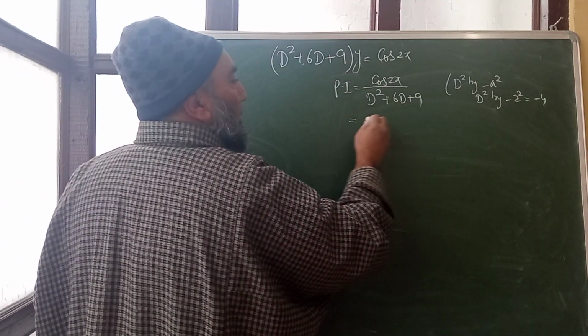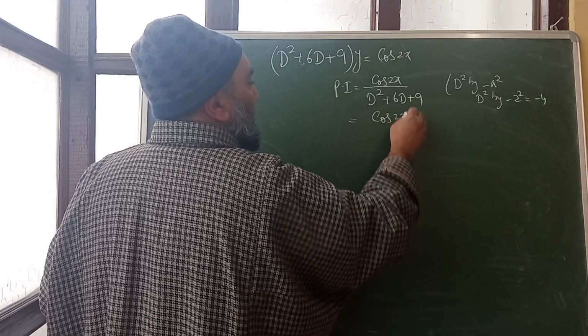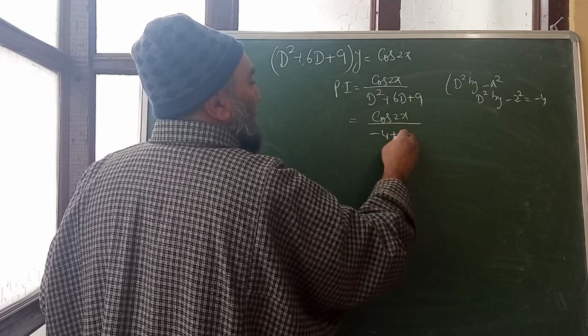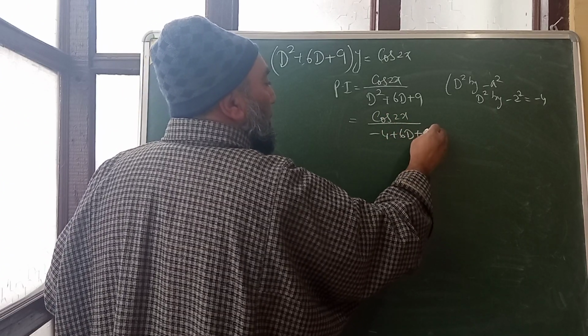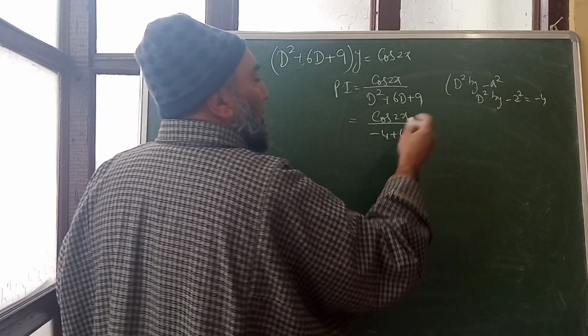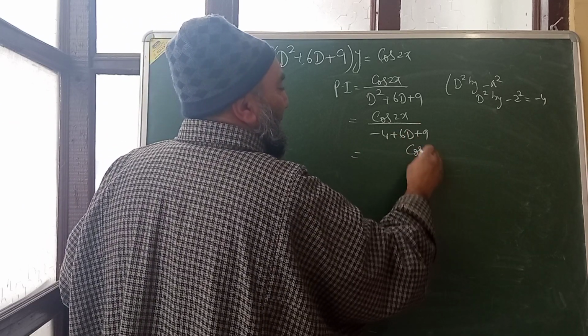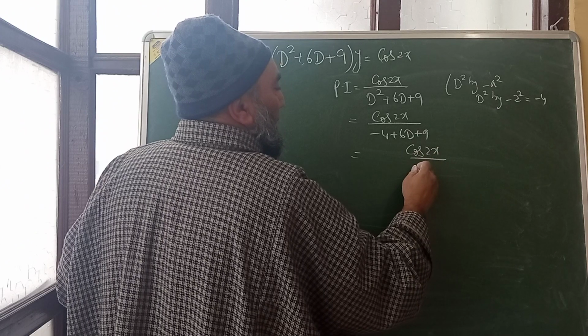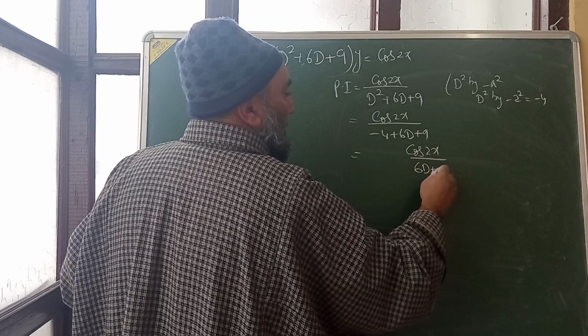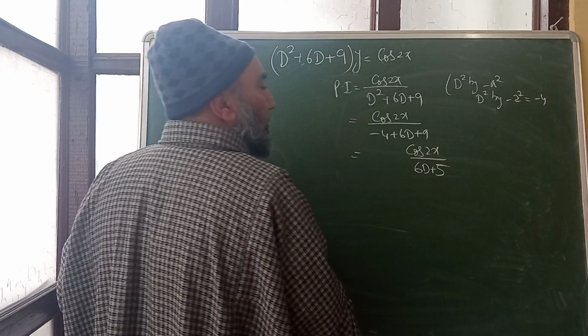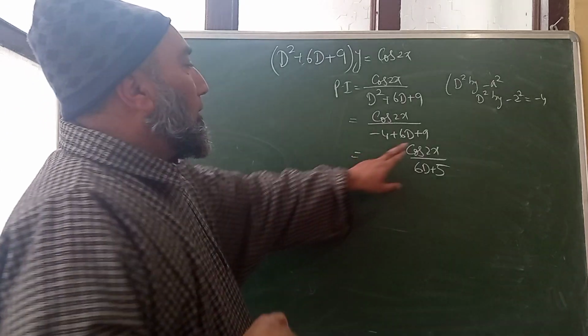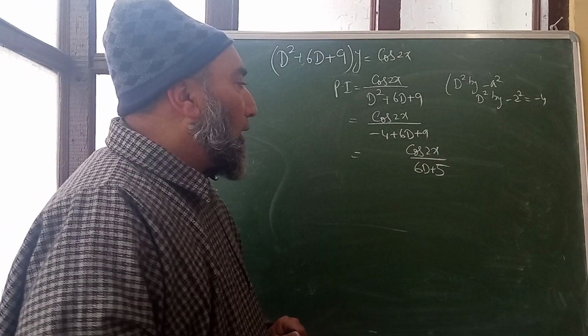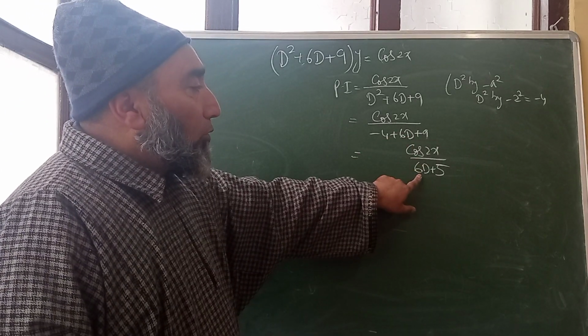Let me do it. This is cos 2x upon minus 4 plus 6D plus 9. I cannot do anything with D right now. So this is cos 2x upon 6D plus 5. Now how to get D square?